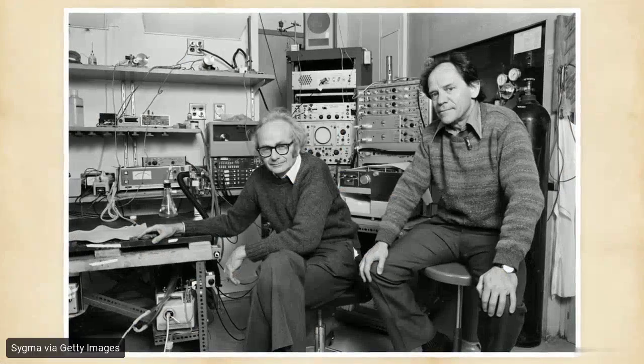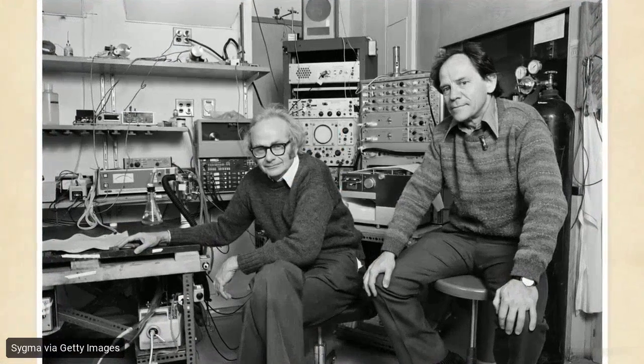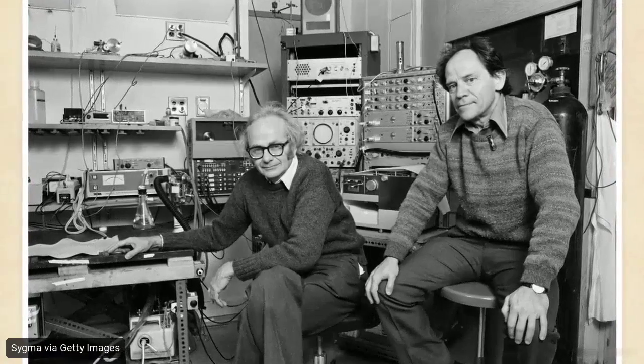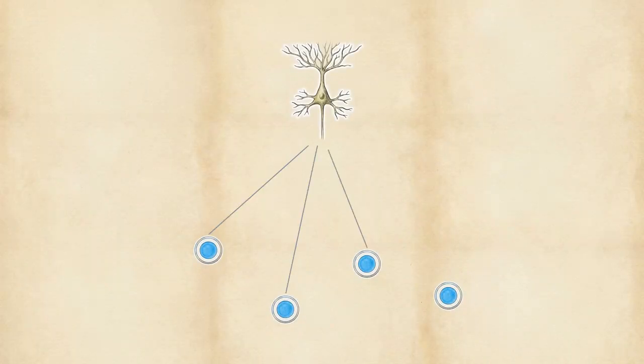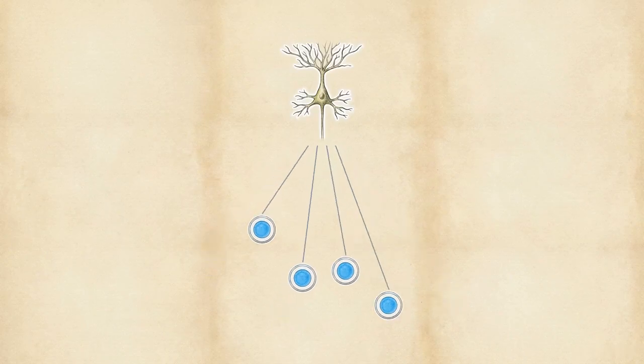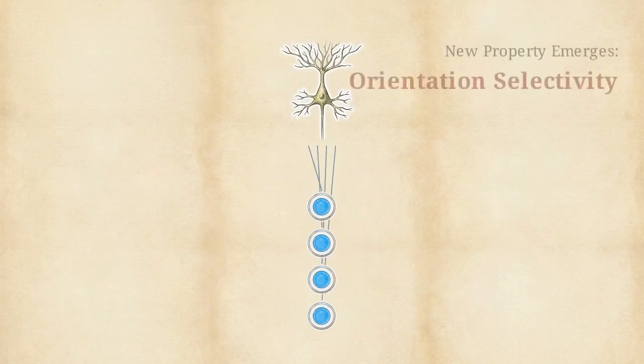In the 1950s and 60s, neuroscientists David Hubel and Torsten Wiesel discovered exactly how V1 neurons process this incoming data. They observed a shift in the system's architecture. Multiple LGN neurons with isolated circular receptive fields project axons onto a single pyramidal neuron in V1.